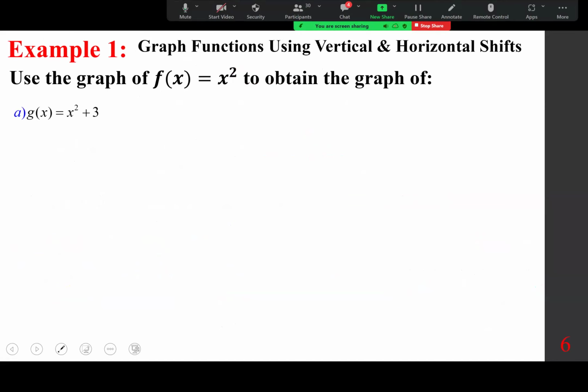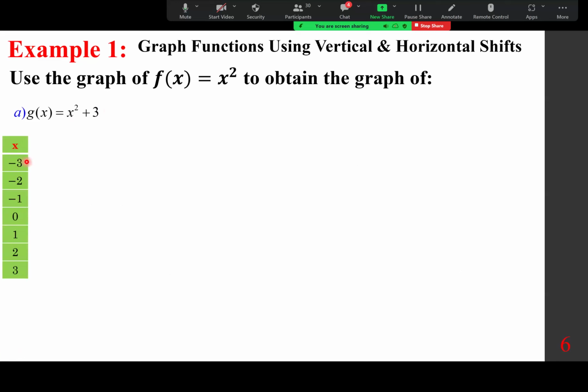All right, graph functions using vertical and horizontal shifts where f of x is given as x squared. So in order to graph this, we notice that y for f of x equals x squared is the basic function. It's a parabola. And then we pick a few points and we plot those just to show you how that works.